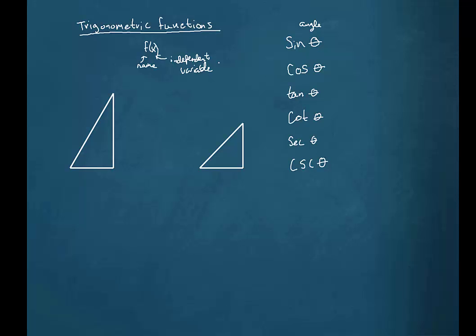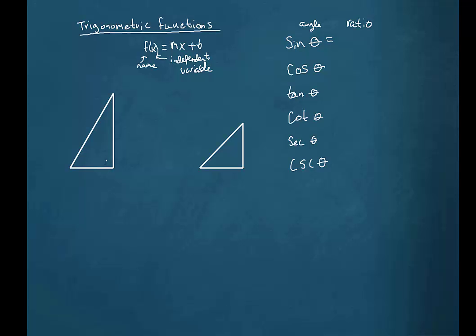Now, as with any function then, this function would be defined in some way. Like, for instance, a linear function would be defined by its slope and its y-intercept. Trig functions are defined by the ratio that is associated with each of the functions.